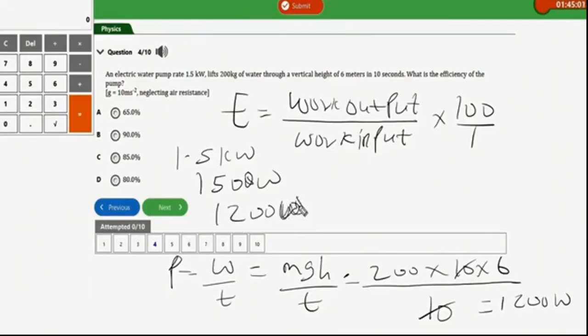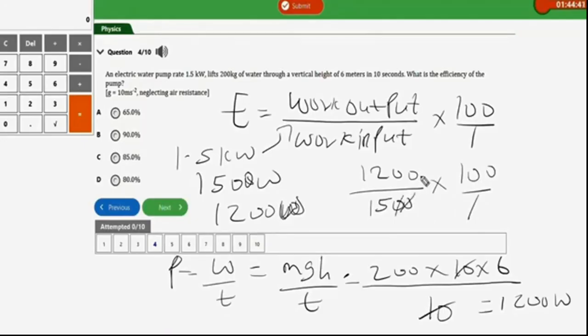Let's plug in these values in this formula. Our work output is 1200 over work input, which is 1500, times 100 over 1.